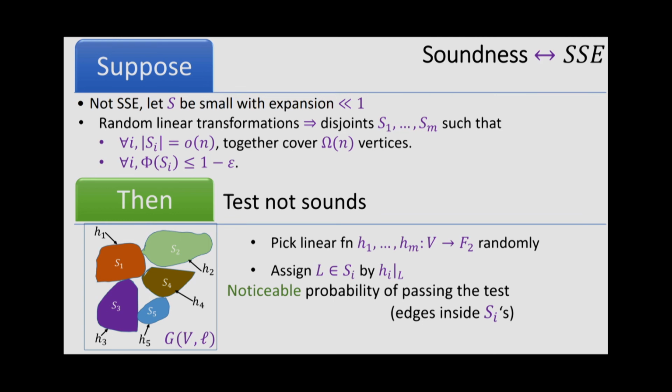But we also know that for each set Si, if you take a random step from it, you stay inside the set Si with constant probability. And if you combine these two facts, you get that a constant fraction of the edges go from one Si to the same Si. And now all that you need to do is to observe that all of these edges are satisfied, because it's the same function again.